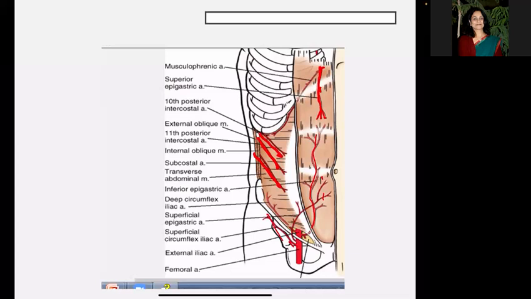One muscle that is called rectus abdominis is present vertically in the midline, and this is supporting the anterior abdominal wall to a great extent.